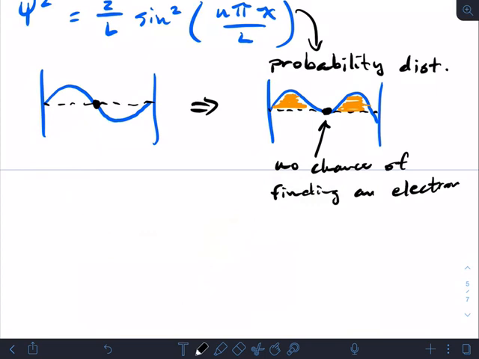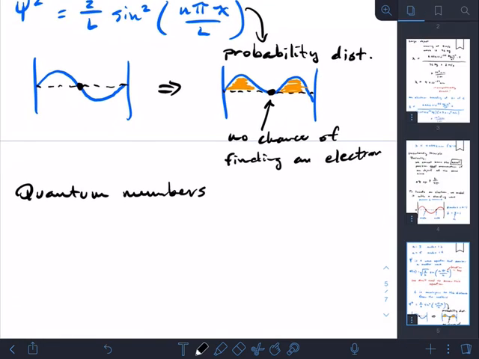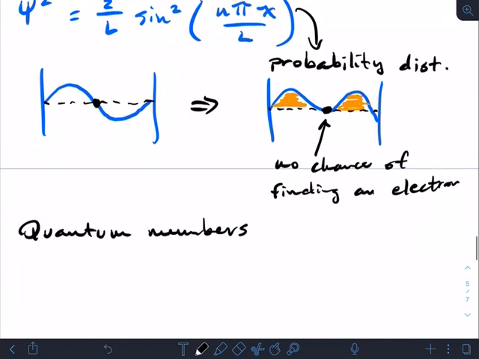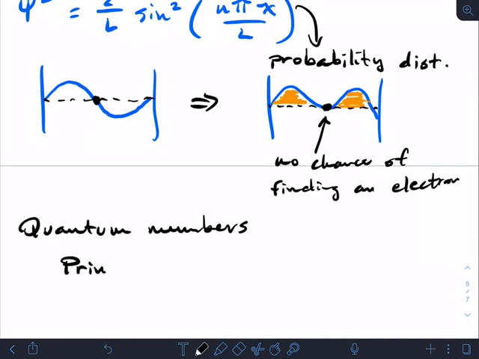All of this is a big preamble to get into quantum numbers. There are 4 quantum numbers. The first of which is called the principal quantum number, n.